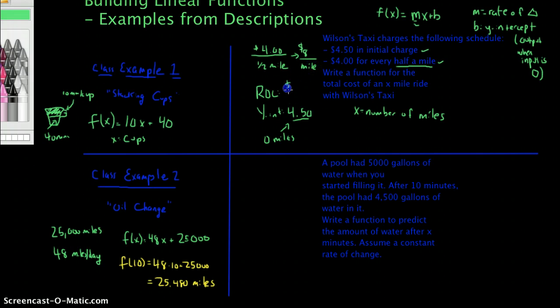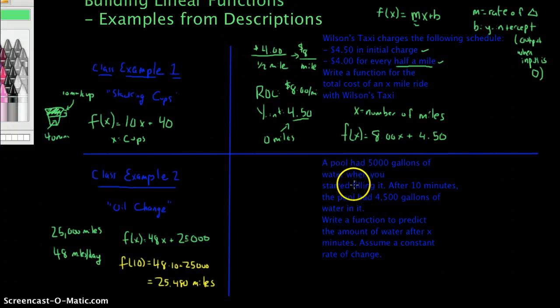So the rate of change is $8 per mile. My function is easy to write. If I have an x mile ride, it's just going to be $8 a mile plus the $4.50 in initial charge.